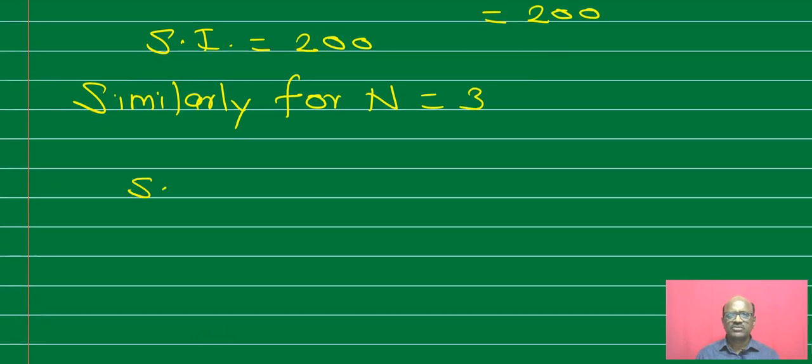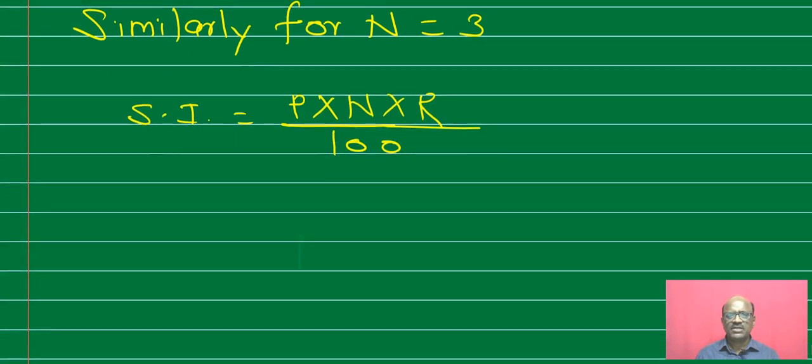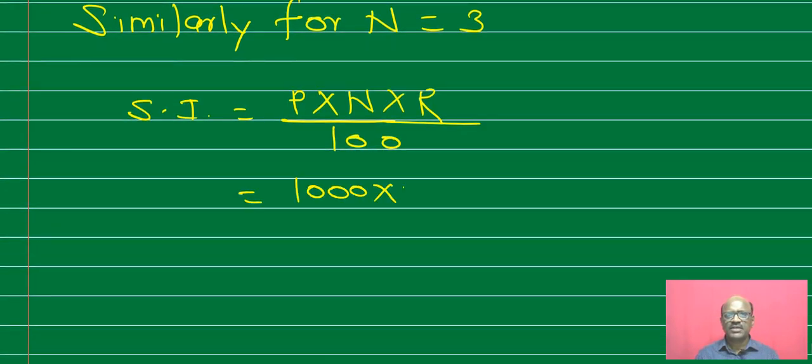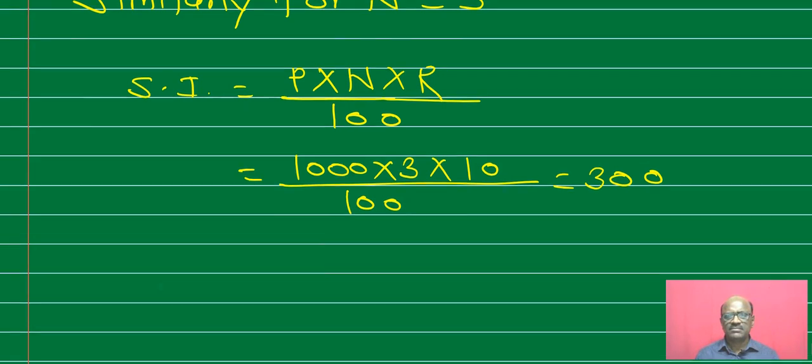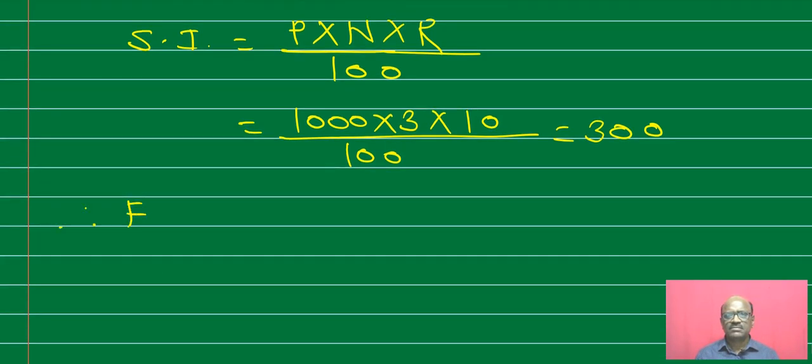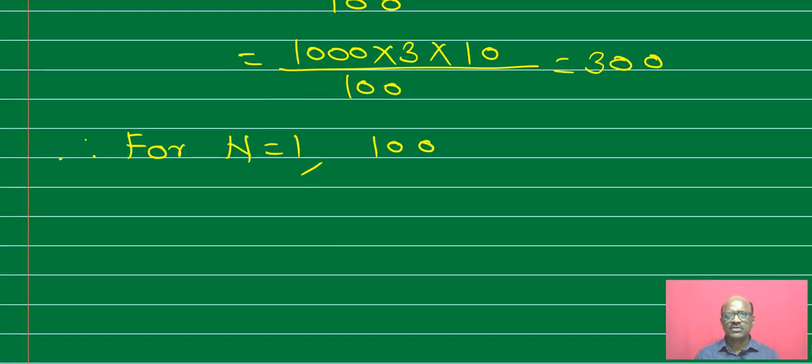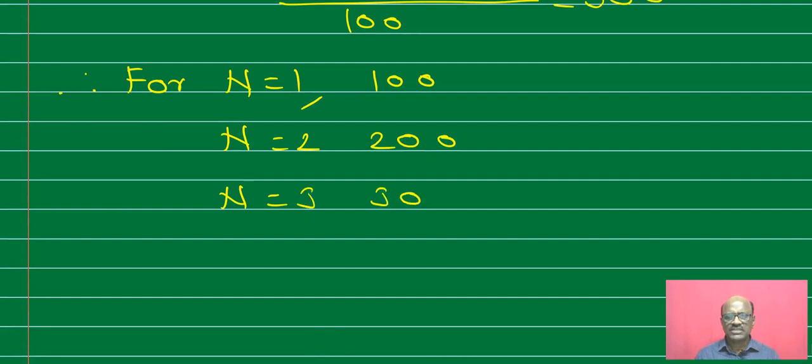Simple interest for N equal to 3, that is SI is equal to PNR upon 100, that is 1000 into 3 into 10 upon 100, that is equal to 300. Therefore, for the first year 100, N equal to 2, 200, N equal to 3, it is 300.